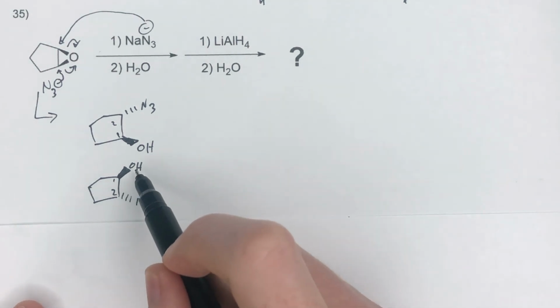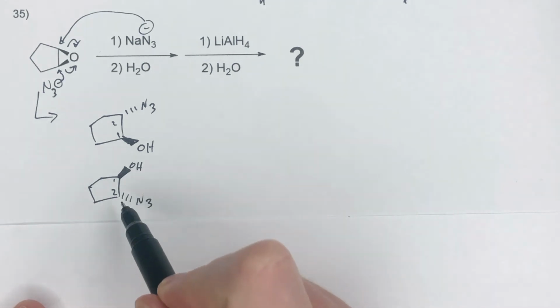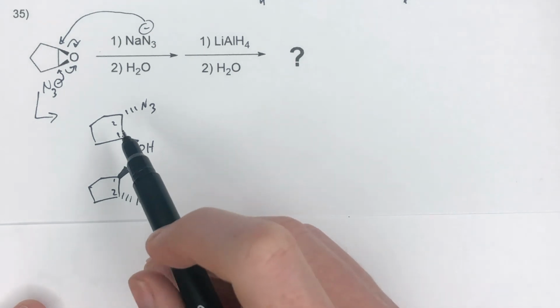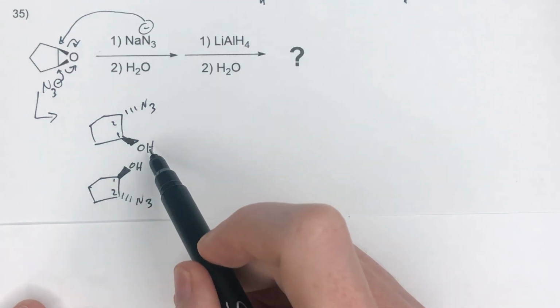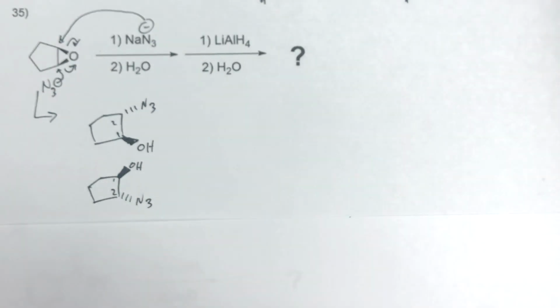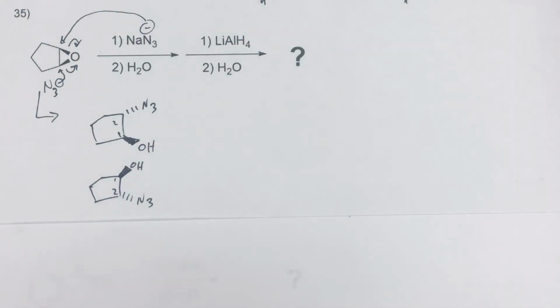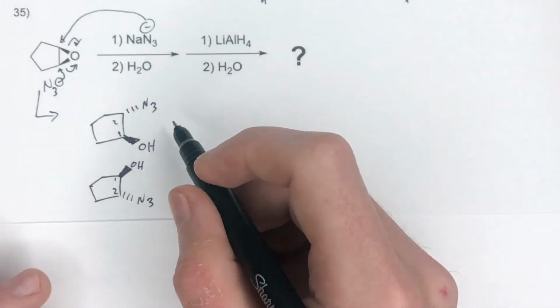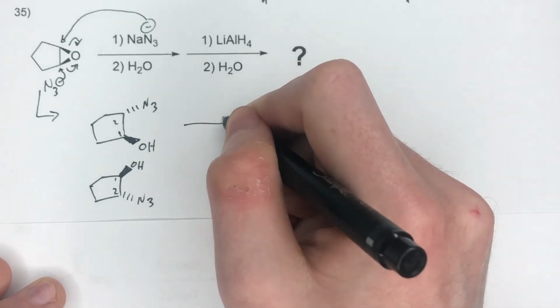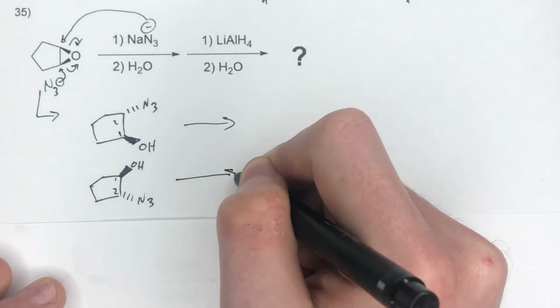So here the oxygen 1, 2, 3, that looks like R. Hydrogen in the back, so it is R. Let's check this oxygen. So 1, 2, 3. That looks like S. It is S, so these are actually enantiomers. Yep, they are enantiomers. So good thing to check. So there's going to be a racemic mixture, is the point.